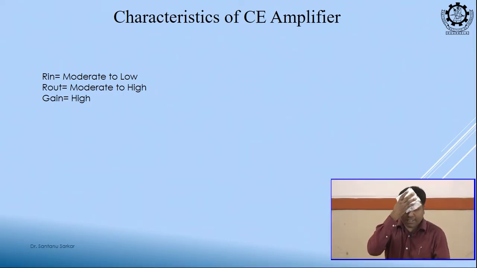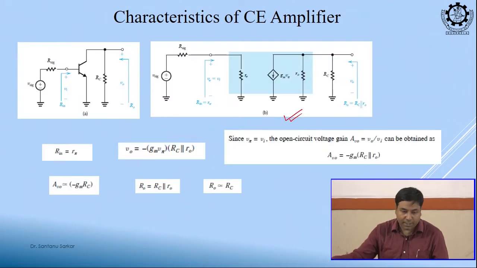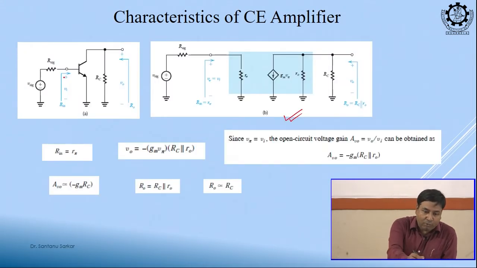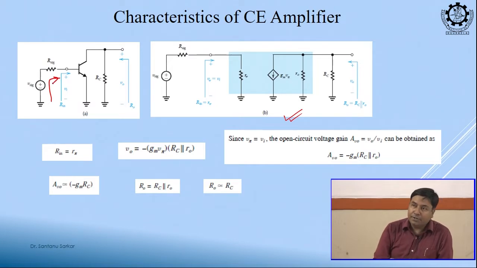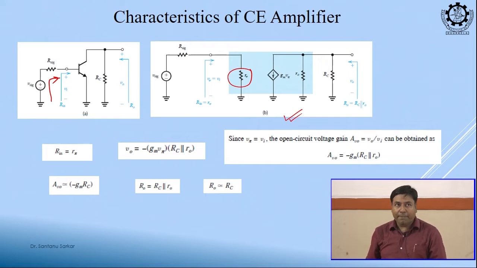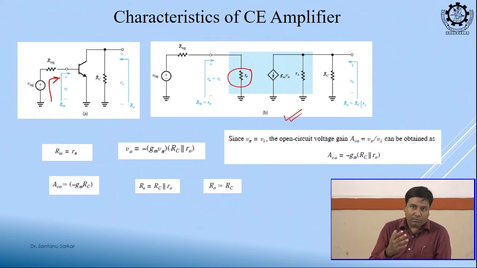What is input impedance? If you look in from the input side, what is your input side? Base. If you look from the base, which resistance do you see? R pi. And what is R pi? R pi is moderate to high, right, because IB is very small.